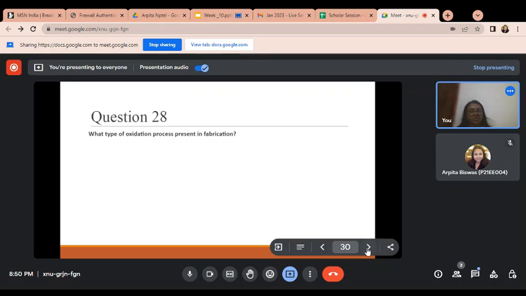And what happens in wet oxidation is that water vapor is also passed into the chamber along with the oxygen, and oxygen and water vapor both react with the silicon and grow the silicon dioxide. Also, the time required for dry oxidation is larger than the time required for wet oxidation.